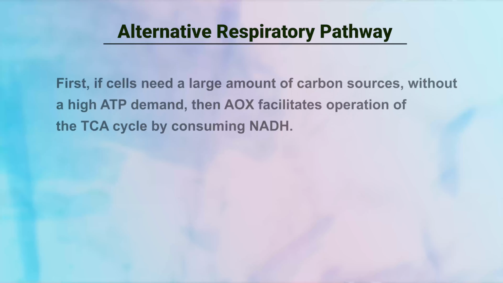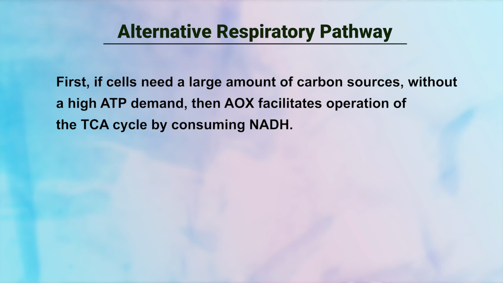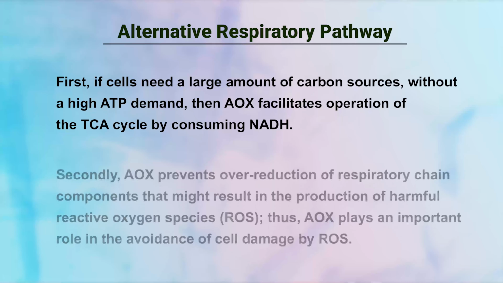The mitochondrial electron transport adjusts its capacity through the alternative pathway, and this has two important implications for plant metabolism. First, if cells need a large amount of carbon sources without a high ATP demand, then AOX facilitates operation of the TCA cycle by consuming NADH.